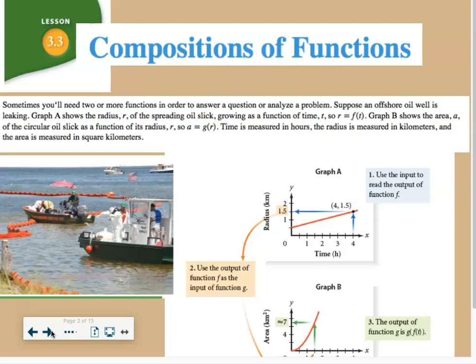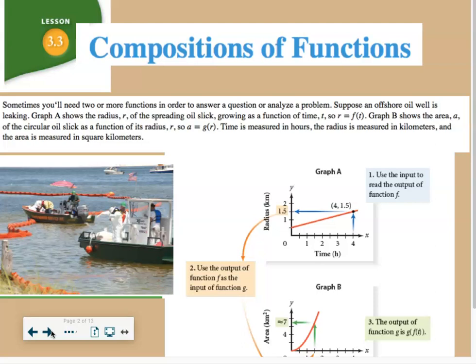Why would you need to do this? Well, the main reason that your book gives, and as you go higher in math, you will see more and more reasons. But the simplistic reason of why you would need to do this is if you have a function and the output of that function happens to be the input of another function.